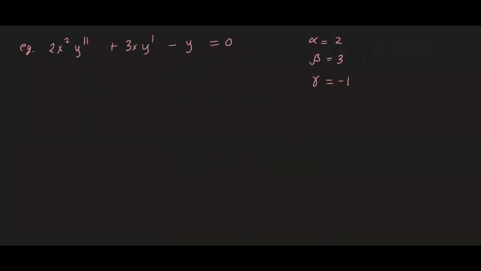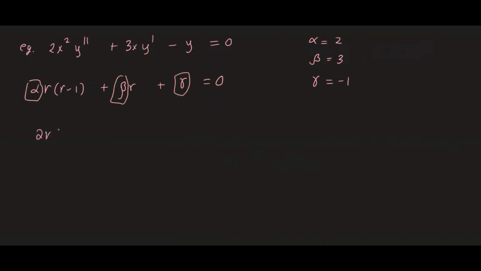So that way we can write out the polynomial equation. We have alpha times r times r minus 1 plus beta times r plus gamma equals 0. And then we plug in our constants alpha, beta, and gamma.